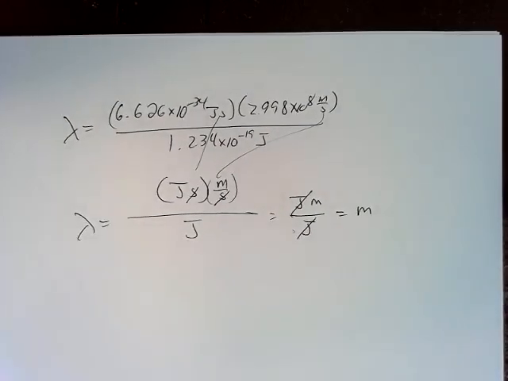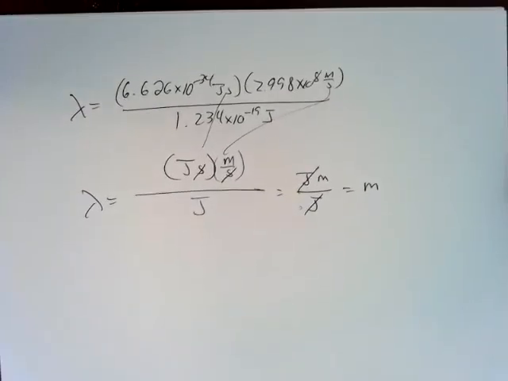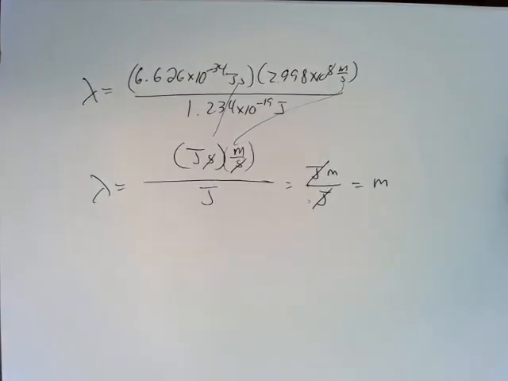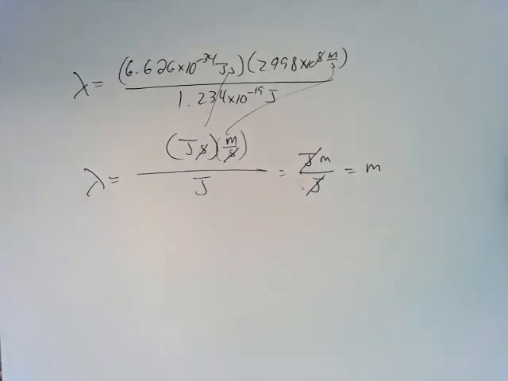So I'm just happy that I've ended up with units that reflect a length and not an energy or seconds. I wouldn't want a time here because a wavelength is not a time. If my manipulation led to seconds being the units, no matter what number I crank out in my calculator, it's not going to be correct. So the units are actually there to help us. I think sometimes we think of units as being oppressive, and they're not there to oppress us. They really are there to guide us.